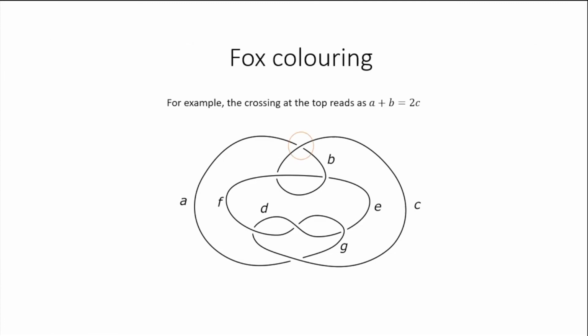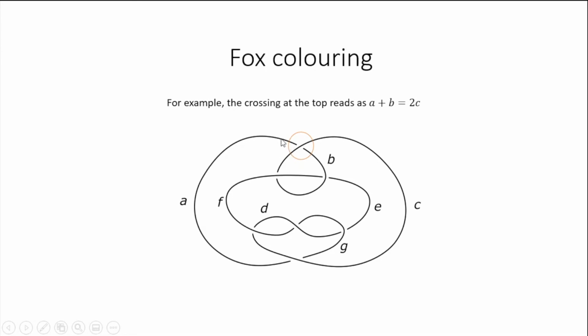So let me give you the simplest example. This is what is called Fox coloring. Look at this crossing, for example. Each crossing is a neighbor of 4 different letters.